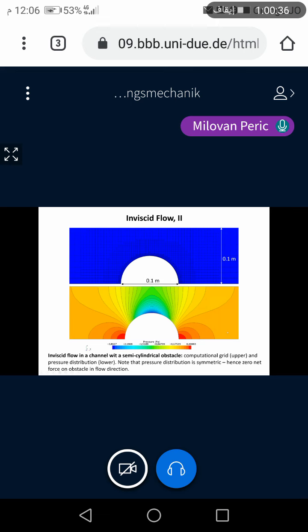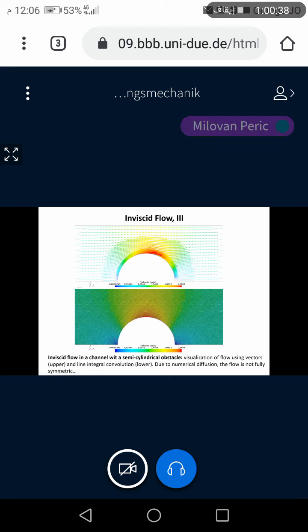So the velocity vectors are similar but opposite to pressure. Where velocity goes to 0 at the stagnation point, pressure is maximum. Where velocity is maximum at the top of the obstacle, the pressure is minimum, and then at the end again the same.